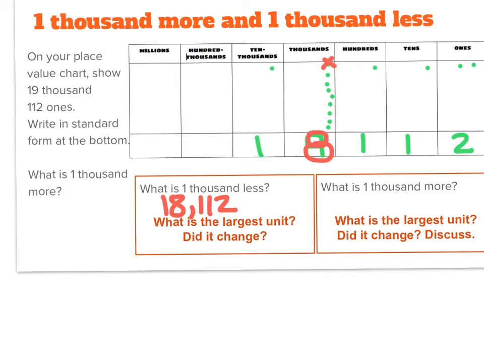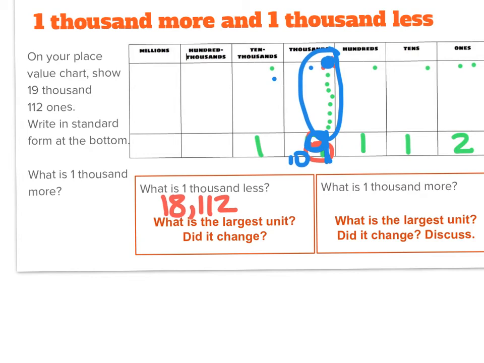So now the next box asks me, what's 1,000 more? Well, I can put that one that I took away back, and I can add one more. So let's go back to 19,112. I add one more thousand, and I have 10 thousands. But every time that I get 10 thousands, I know that I can bundle those and cash them in for the next highest unit.